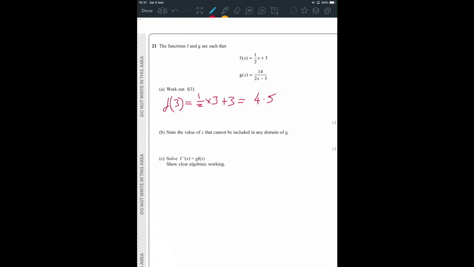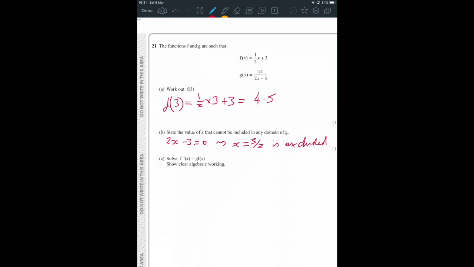Well, I'm not allowed to divide by 0. So that value is when the denominator is 0. So that's when x is 3 over 2. And that value must be excluded from every possible domain. I can never sub 3 over 2 into G.